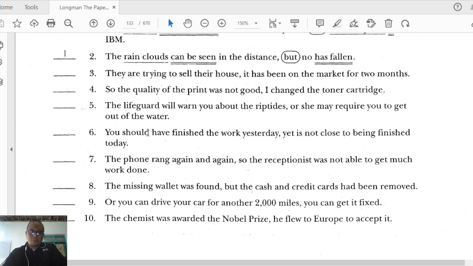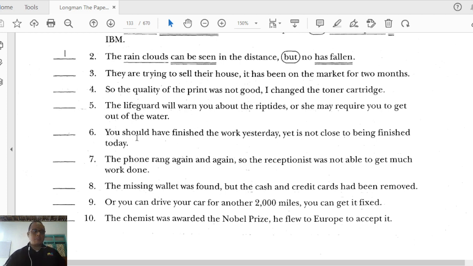You, subject, should have finished. Again, a verb, have finished, should have finished. And yet it's not close to being finished today. Oh, it's incorrect. Nggak ada subject. Yet it's not close. Nah, harusnya yet you are not close, yeah. There's no subject, makanya incorrect.